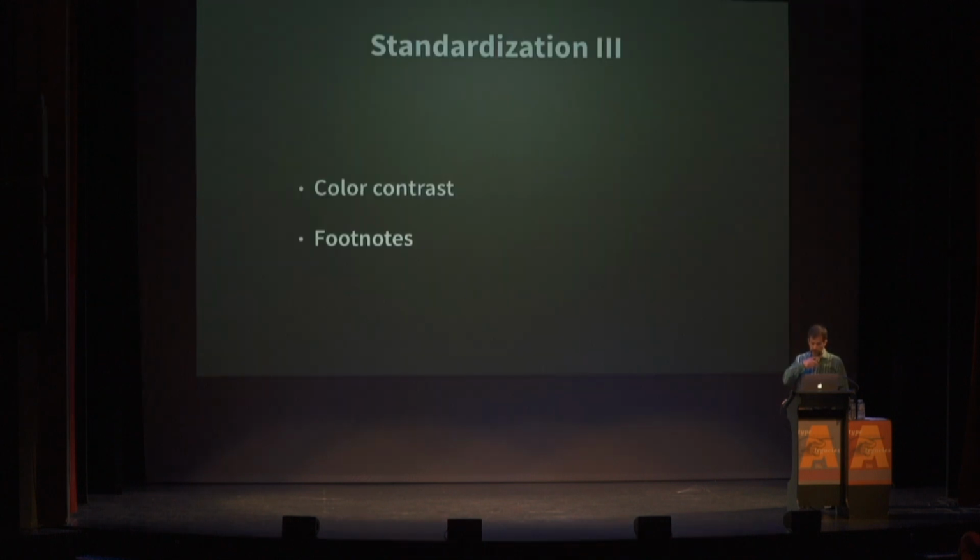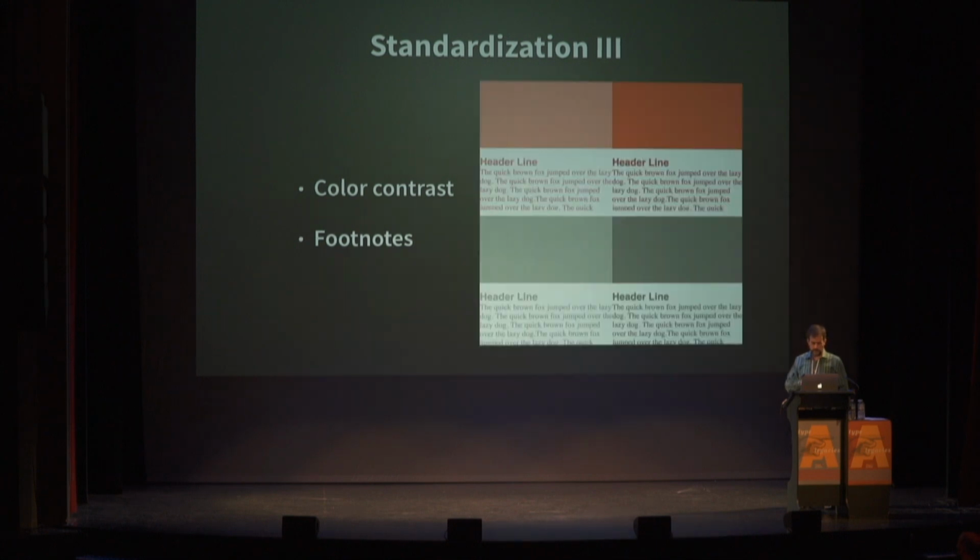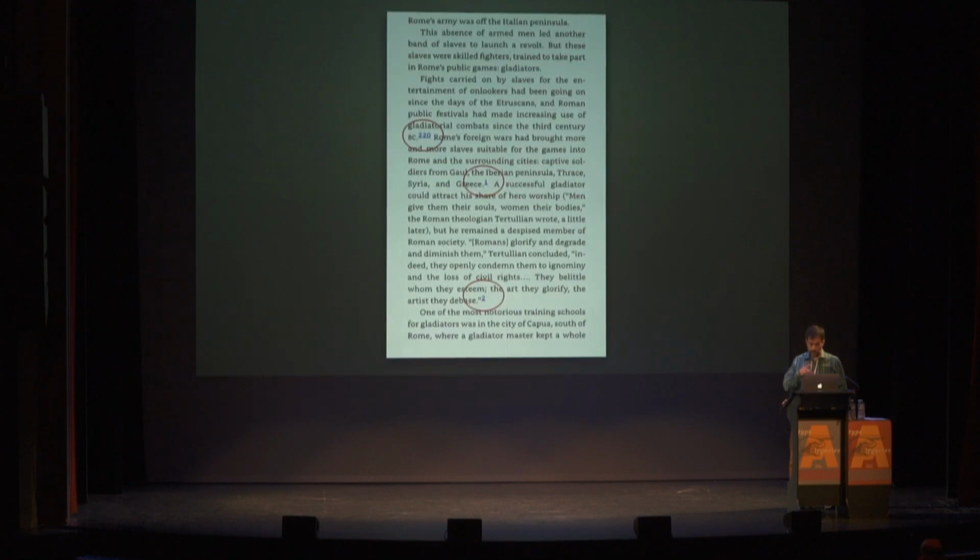Some other examples are color contrast. We force color contrast of a certain level at this standardization time. For example, this pink color is too light, and so we darken it. You can also imagine on a black and white device. We also do some things with footnotes.